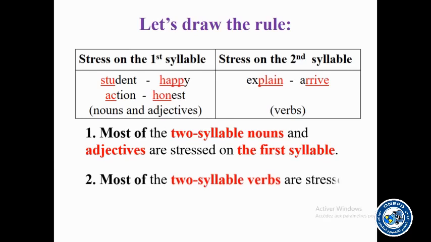Rule number two, most of the two-syllable verbs are stressed on the second syllable. This lesson, if you remember, you saw in first year and second year, so this is just a reminder for you.